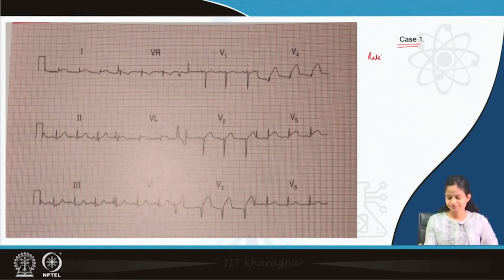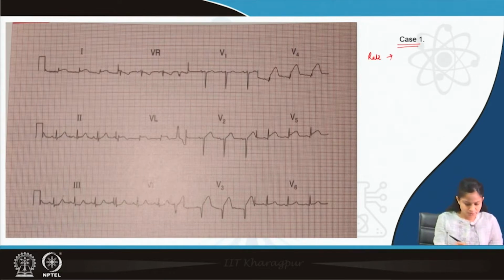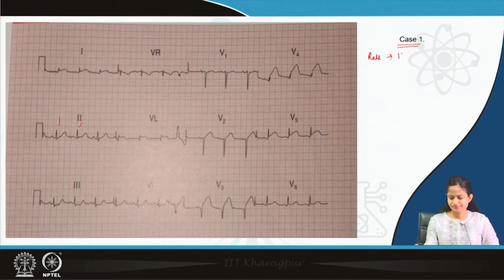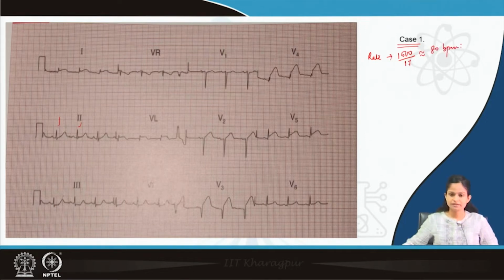If we just calculate, 1500 by 17, it will be approximately 80 beats per minute. It will range between 75 to 80 beats per minute, that is the rate.